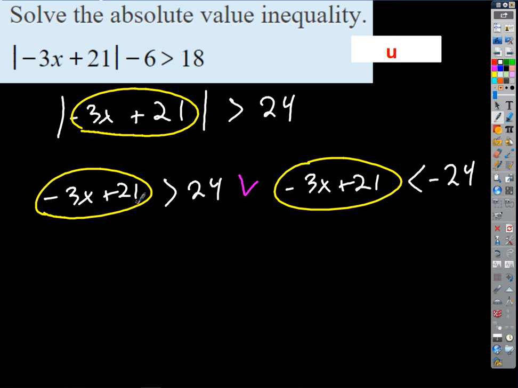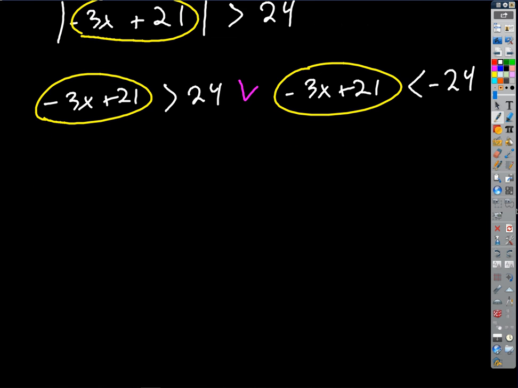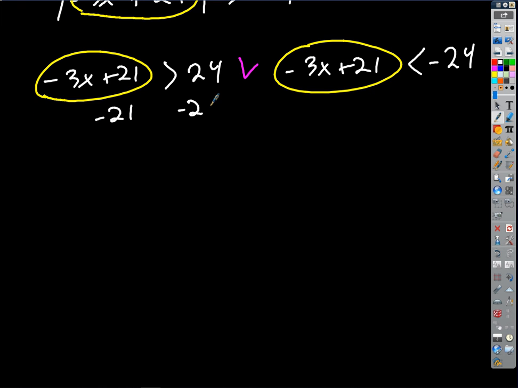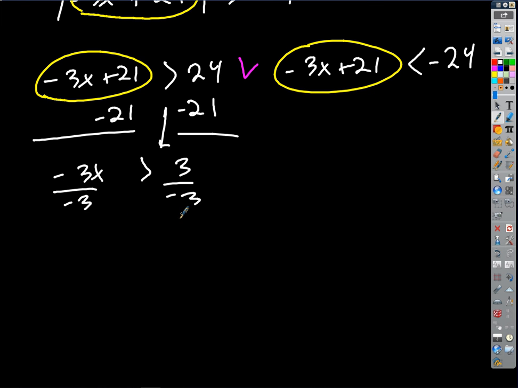Okay, so let's just do the algebra on that. What are the two steps to get that by itself? Subtract 21. So I get negative 3x is greater than 3. Now what? Good. Divide by negative 3, which means I have to flip the symbol.